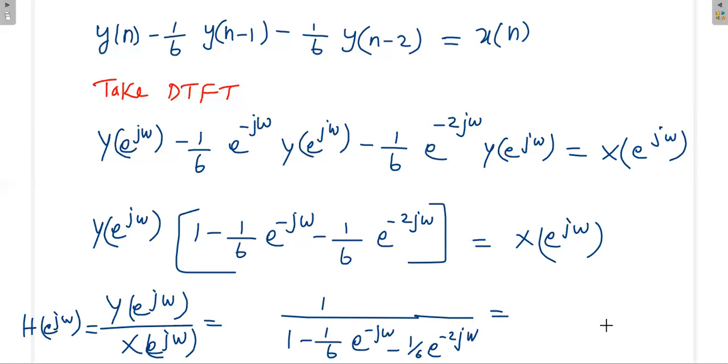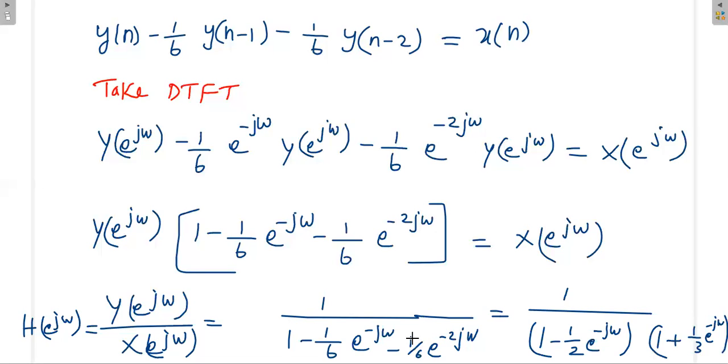Just find the factors for this, that is 1 minus 1 by 2 e power minus j omega into 1 plus 1 by 3 e power minus j omega. Just make sure that once you multiply, you are getting this term.